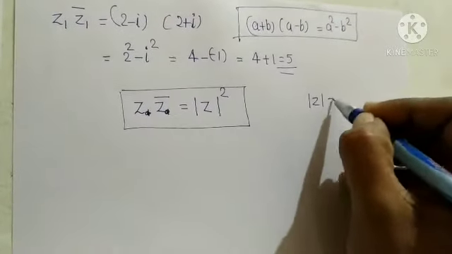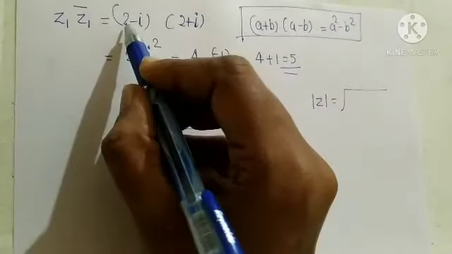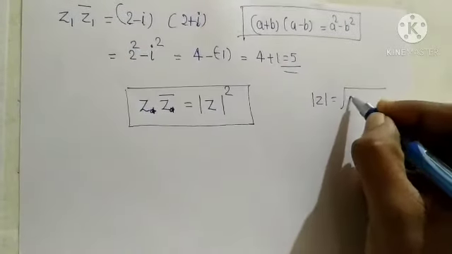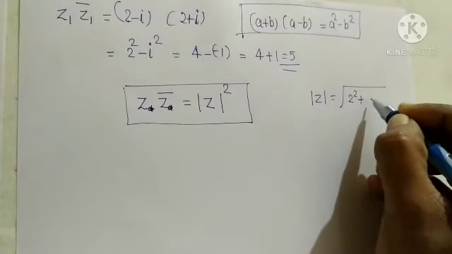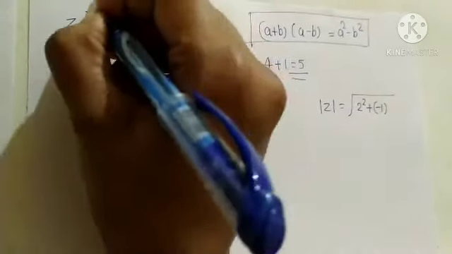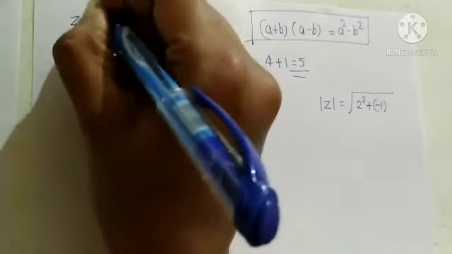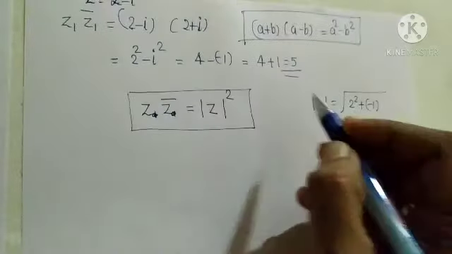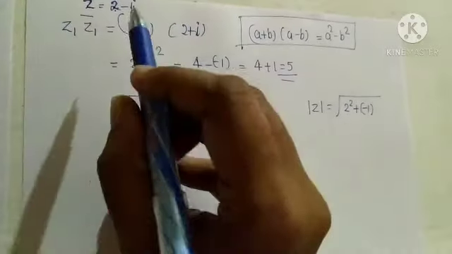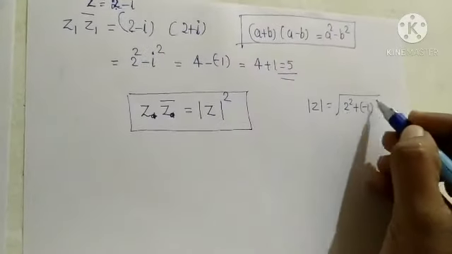Mod z is equal to root of real part square plus imaginary part square. So real part of z is 2, so 2 square plus imaginary part of z is minus 1 square.